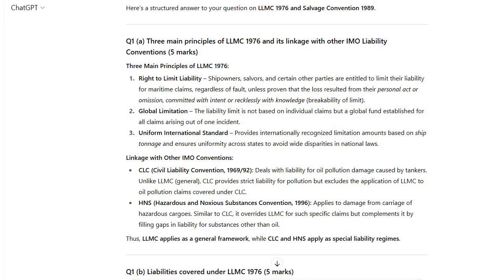If there are certain damages due to hazardous cargo, it takes care of it. Like that, LLMC is a general framework. CLC and HNS apply as a specific liability regime.